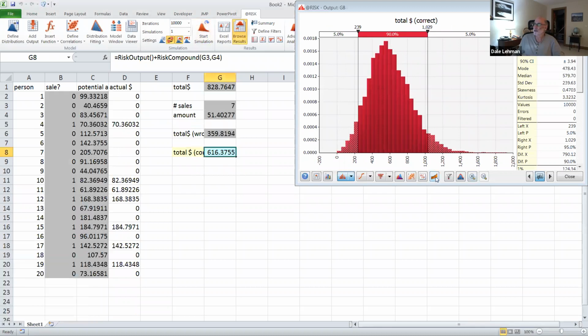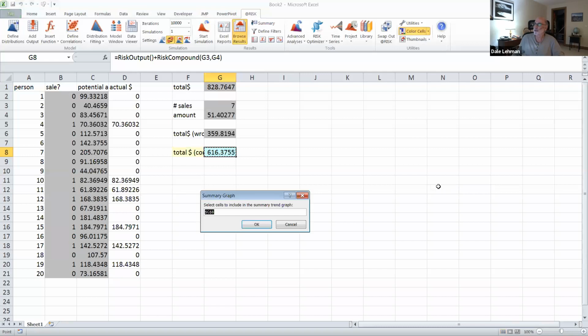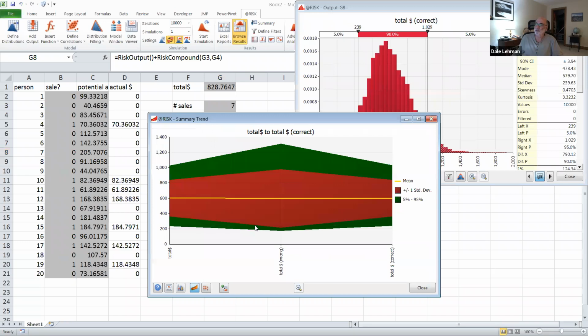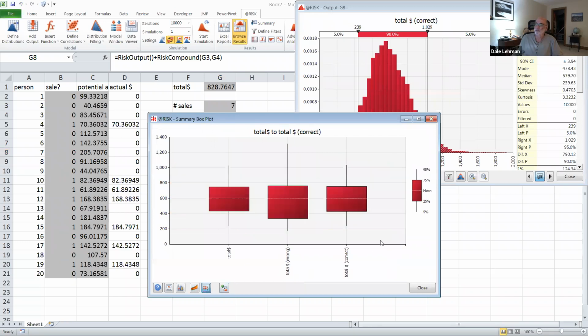Simplest way to look at this, let's go to a trend chart, and look at the modeling each individually, our short model that's wrong and our short model that's correct. If you compare the left and the right, the total collected from the 20 households modeled individually and the use of the risk compound function look pretty much identical.